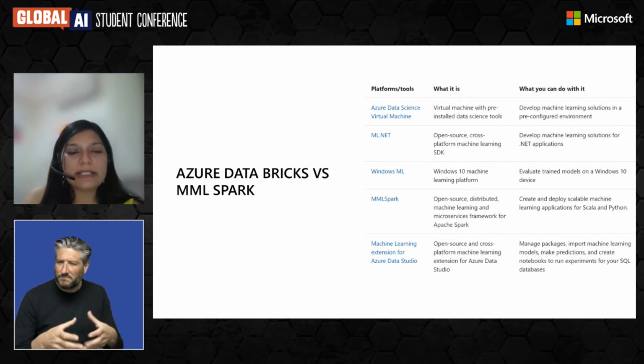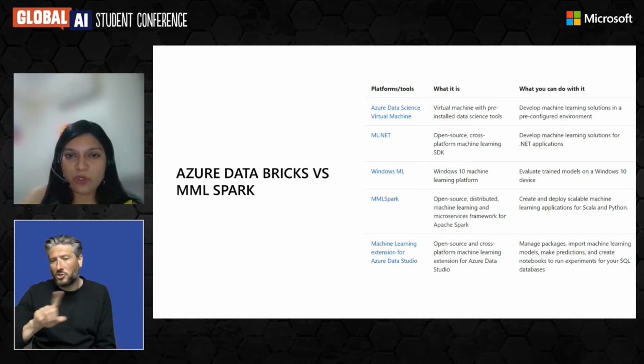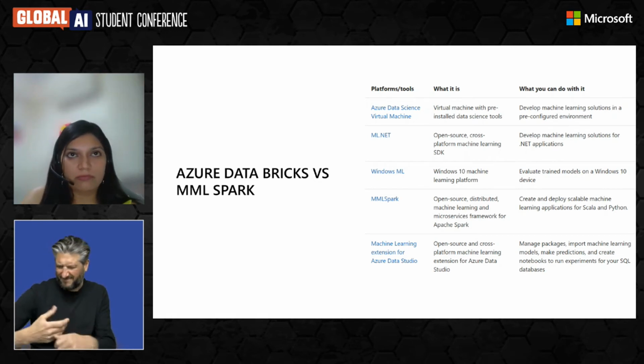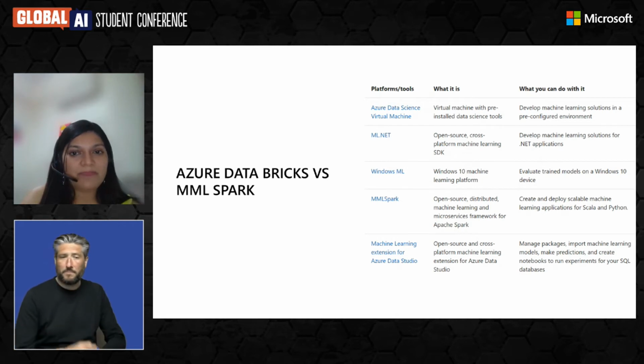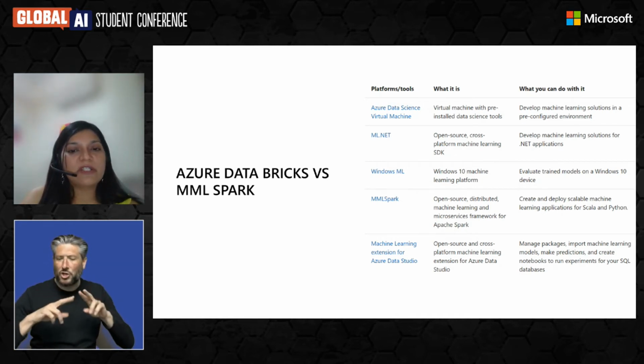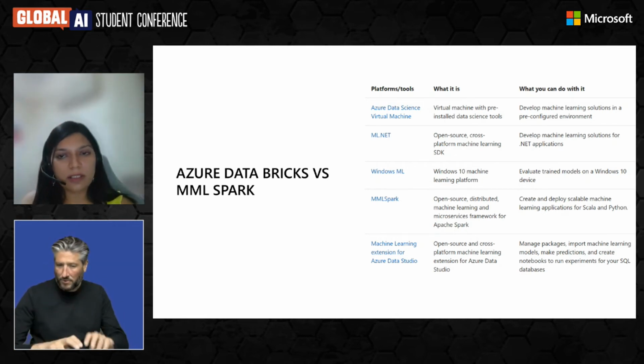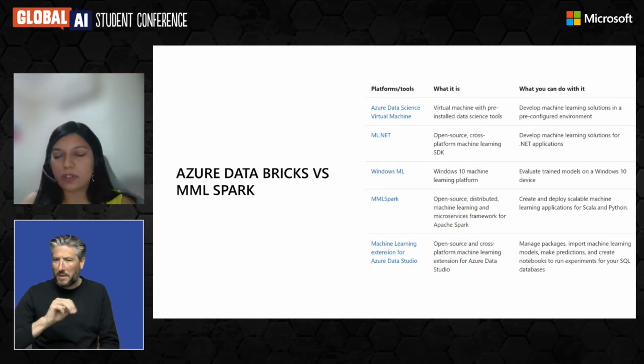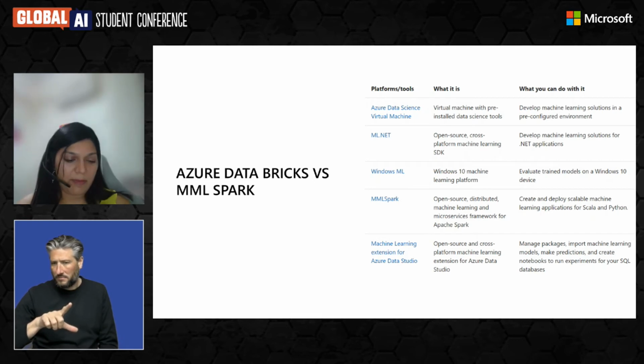So there will be two things. One is Gen Studio, a demo which we will do for image analysis. And then there's another one where we will see how to actually run the code using the Microsoft Machine Learning Spark libraries, MMLSpark.